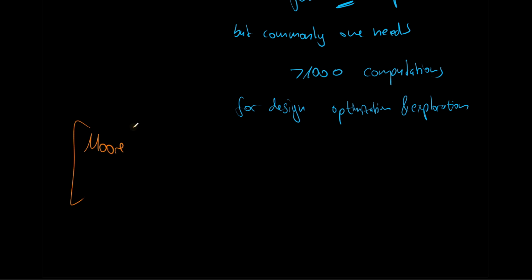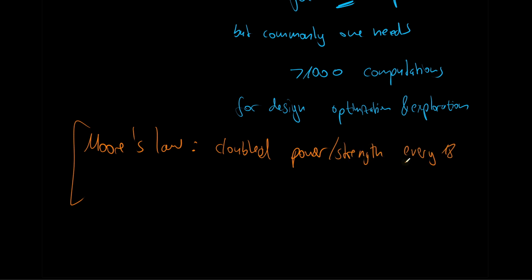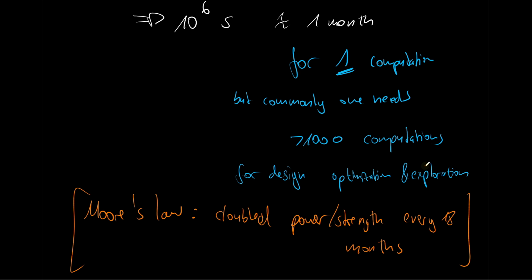Moore's law, which goes back to the Intel founder Moore, said that, roughly speaking, the computational strength of the computer doubles every 18 months. Although over the last years, this has flattened a little bit, so it's not that strong anymore. But even then, you can still make some computations and see that it's not really reasonable or not something that we can expect in the future.